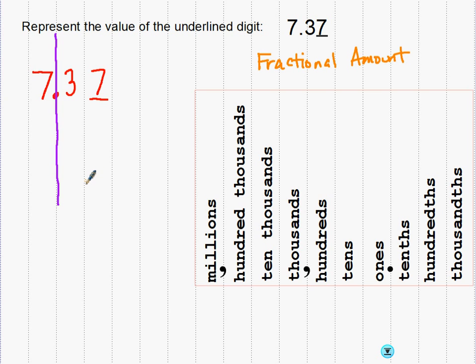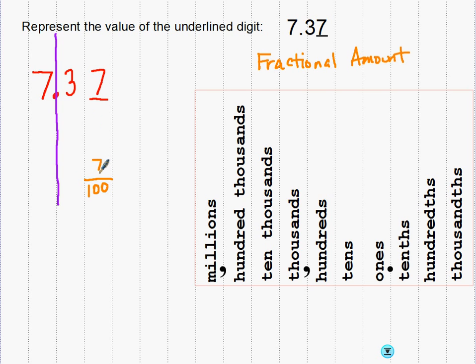If you think about fractions, a number in the hundredths will have a 100 as a denominator. So directly below our 7, we'll put a 100 as a denominator, and put our fraction bar. How many hundredths are we talking about? We're talking about 7.